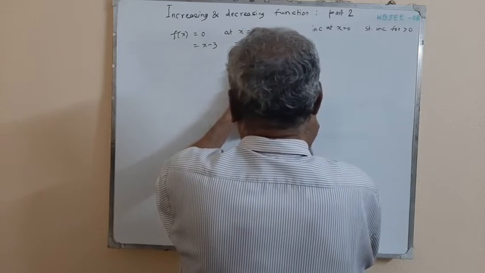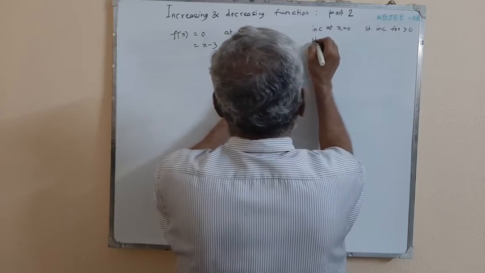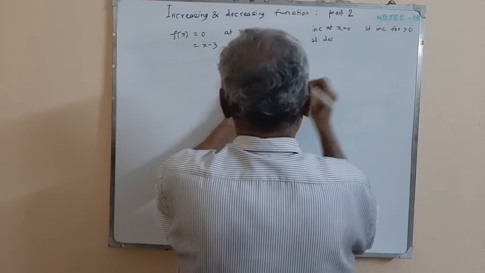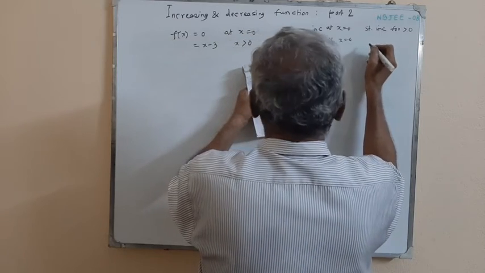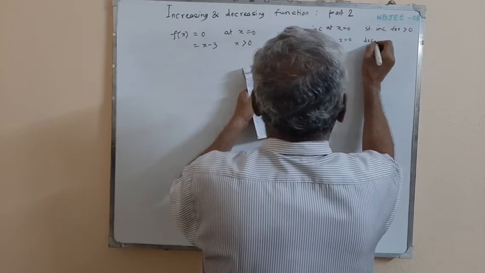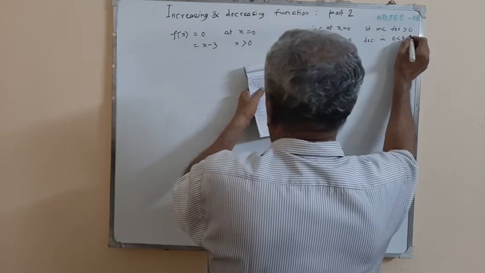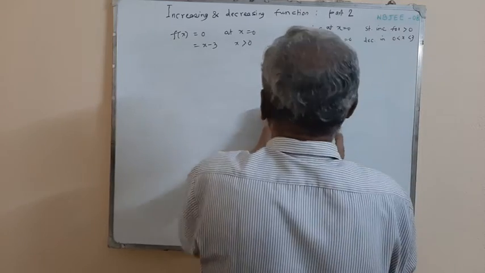Next, strictly decreasing at x is equal to 0 and decreasing in less than 3.